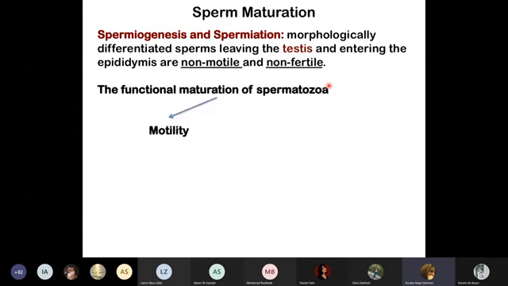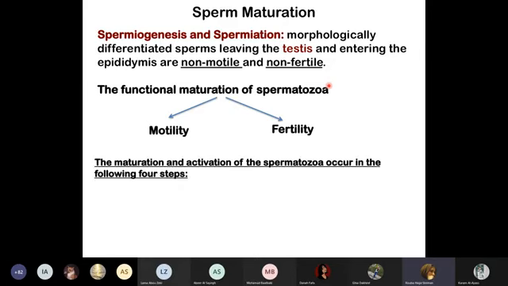They are non-motile and non-fertile. They need to acquire a functional maturation. Shape-wise, or morphologically, they are mature, but functionally they are not mature yet. So they need to acquire functional maturation so that they become motile and fertile.